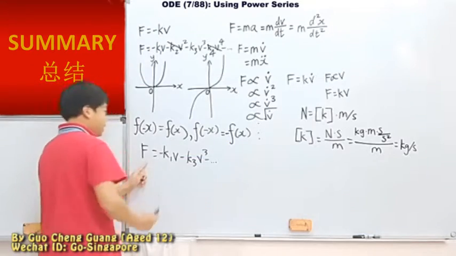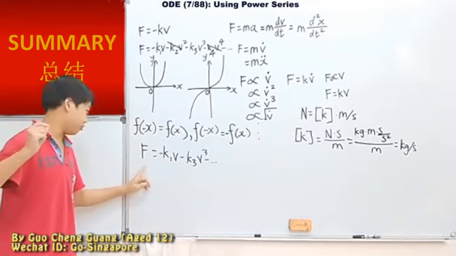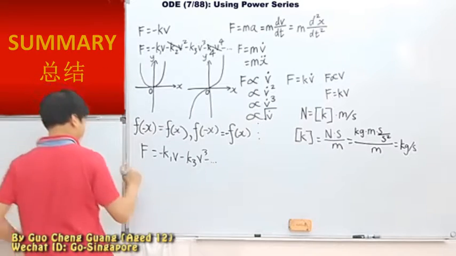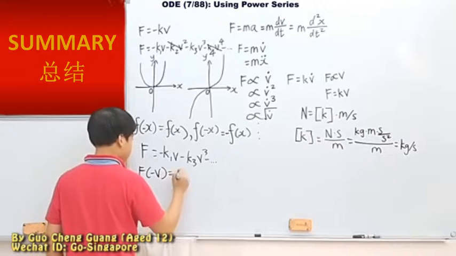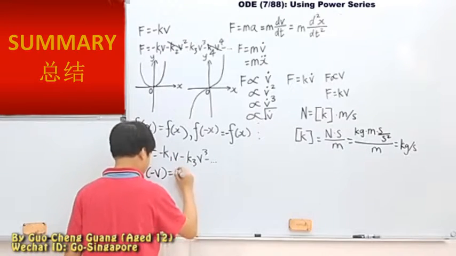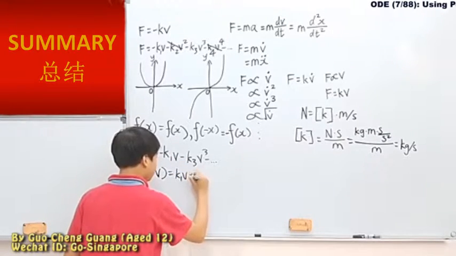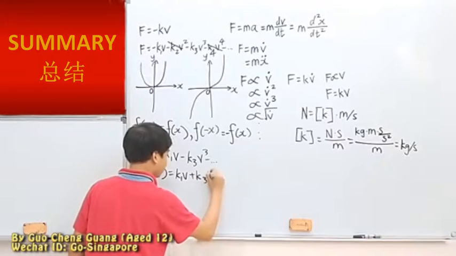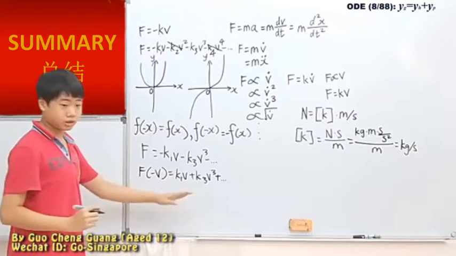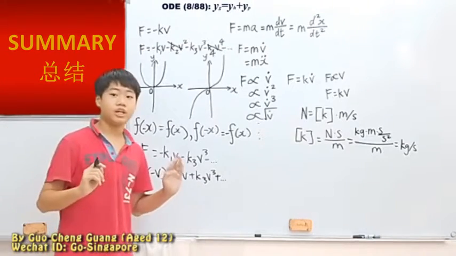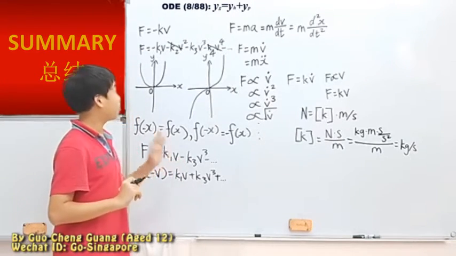This part is actually only for positive v. So what if we do have this negative v? That means all these are going to become positive. Okay, all these are positive. Then what if we just change this v for y?